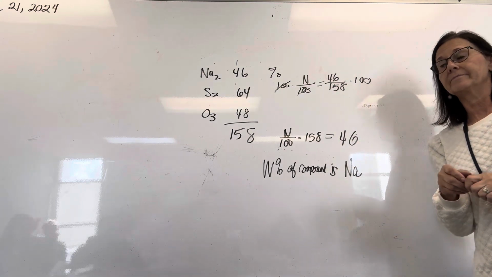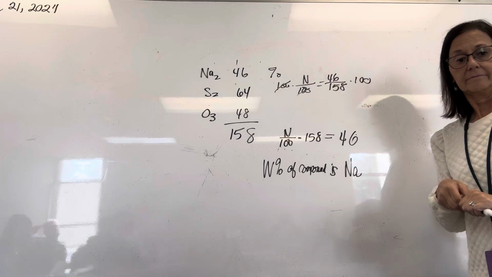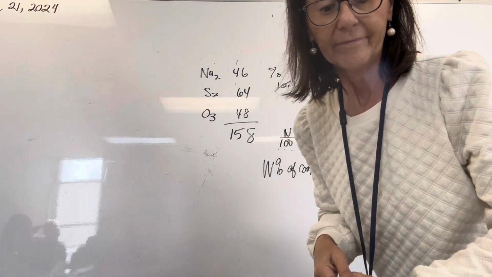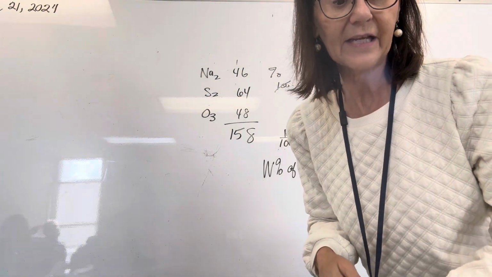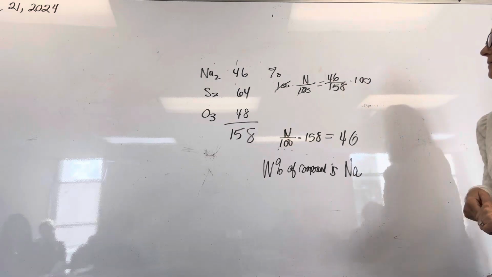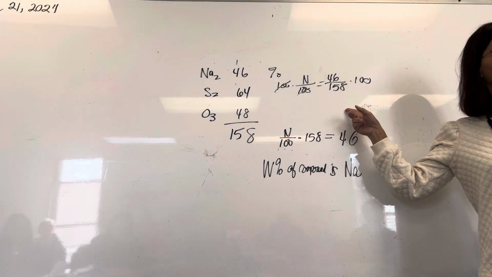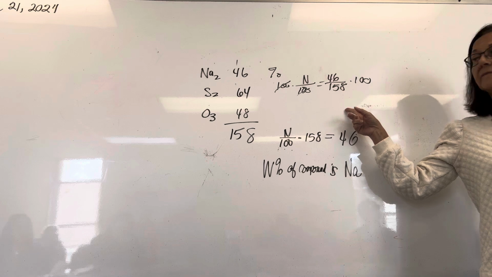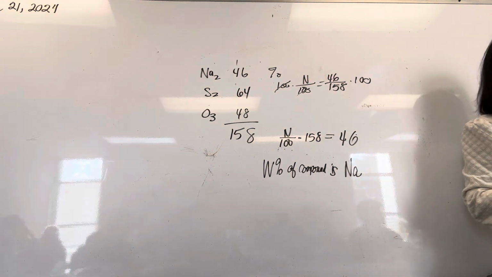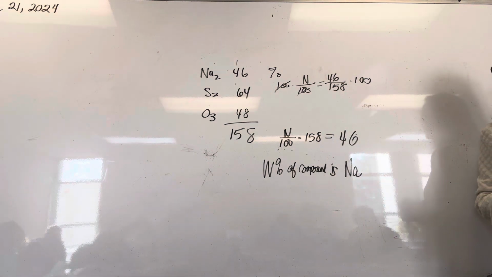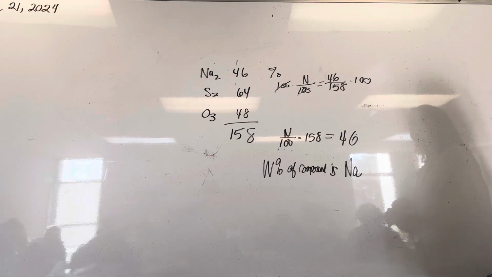Oh, I thought we were doing sulfur. Sodium. I may have said sulfur. Oh. Sodium. What is this? Do you have this, Beckett? Not yet. Let me do that. And then does it make sense? I think it's a little less than a third.